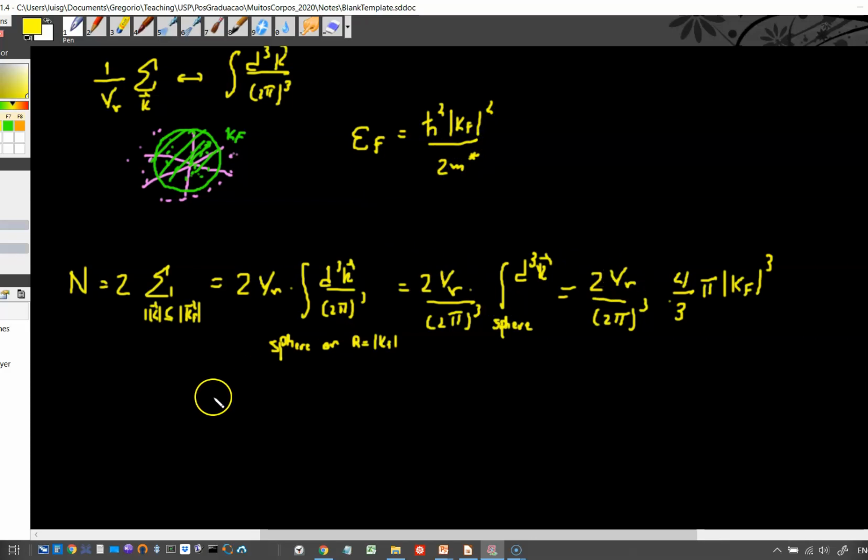So n equals, there will be an 8 up here, 2 times 2. There will be an 8 below, a pi cubed below. There's going to be a 1/3 here, and there's going to be VR, and I'm going to transfer the VR here. So this is going to be the density, particles per volume, right?